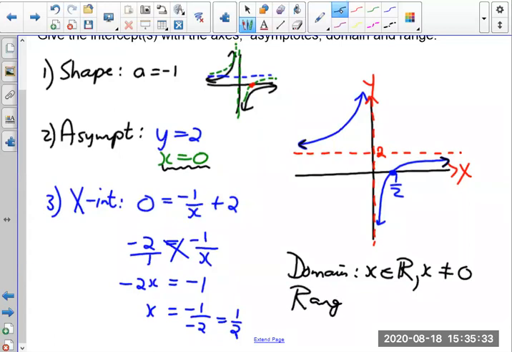Range, y element, can you see it comes from minus infinity, it goes to positive infinity. So it's again y element of all the real numbers, but don't forget to exclude the asymptote. If you forget that, you are going to lose 2 marks.